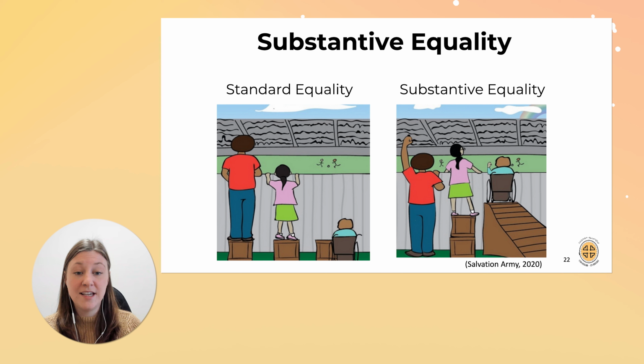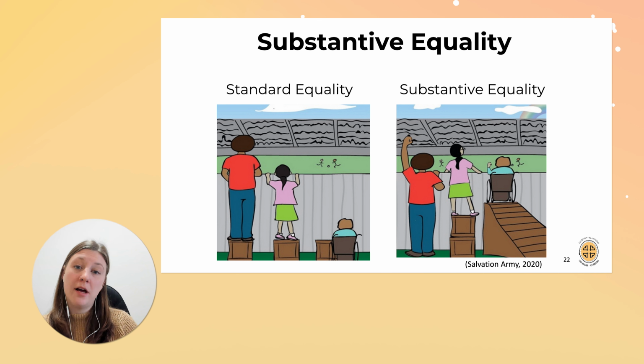As you can see in the second box, Cindy Blackstock, Jordan River Anderson's family understood the importance of making sure substantive equality exists in Jordan's Principle. And that's why they fought so hard for it to include services that are above the normative standard.